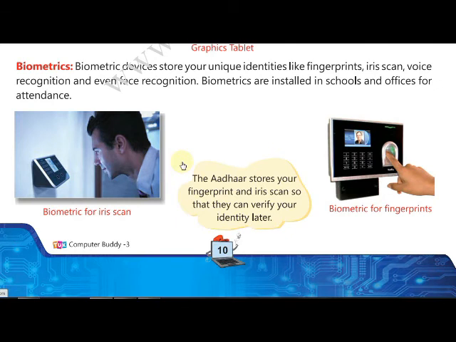Using this you can enroll your attendance. This is a biometric machine, you can see here, and this is an input device. That means here you have to feed your details to enroll today's attendance. You can use your fingerprint or your face to enroll your attendance. So here we feed data to enroll attendance.